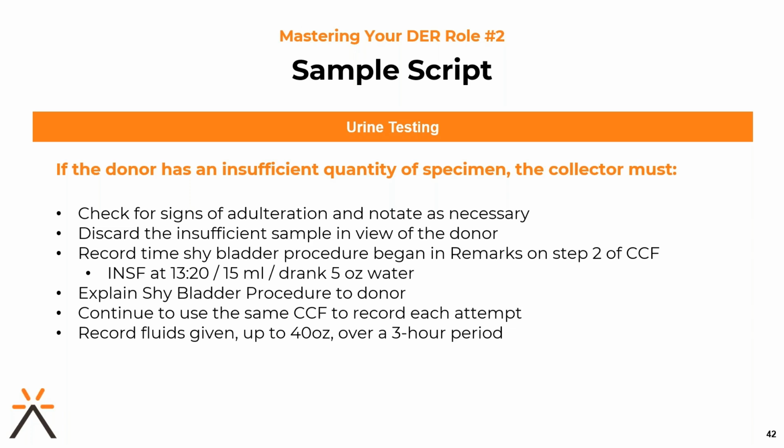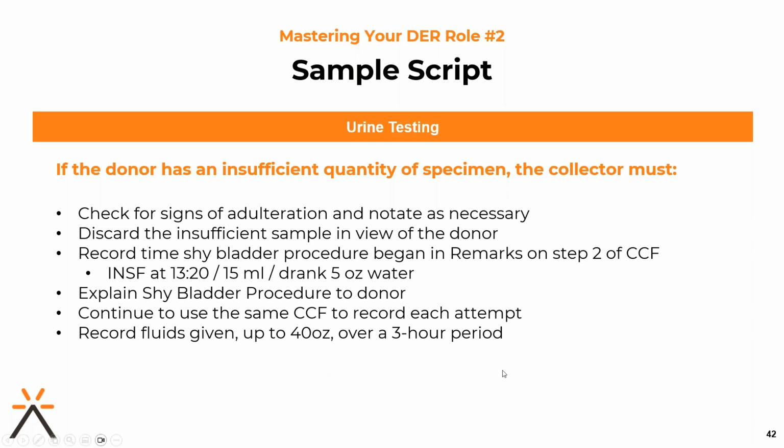What we find out is during that gap, the donor, and if we look in the remarks, nothing's there. The collector didn't write all the attempts that donor has made. For each attempt, they should write like insufficient, INSF. That person attempted at 1350, they gave me 15 mils, and they drank 5 ounces of water. That should all be documented in the remarks, okay? If it's not, they're not following Part 40 correctly.